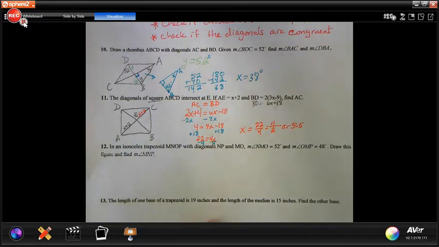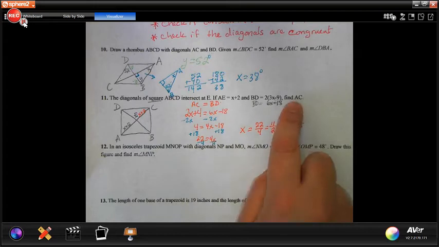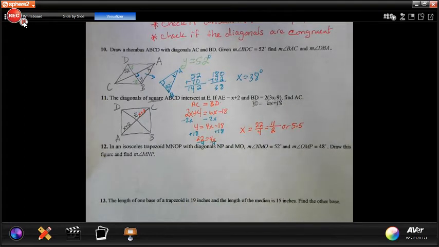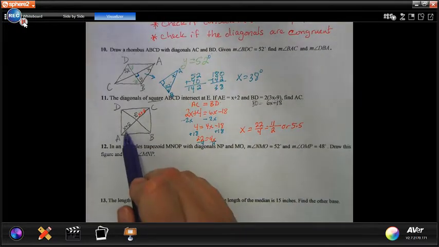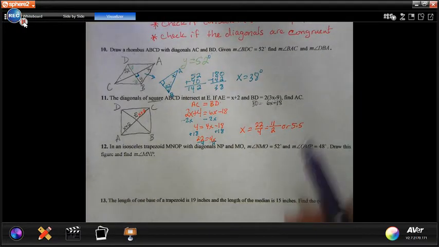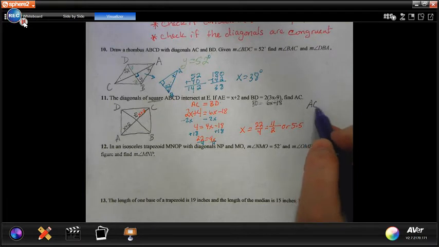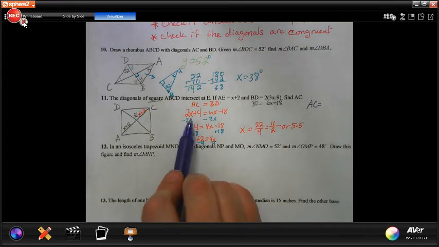Okay, so that's not done. We found x. That's an important thing. You have to make sure you follow directions and find what's supposed to be found. We have to find AC. AC, x plus 2 and x plus 2. AC, 2x plus 4. I found it right here.